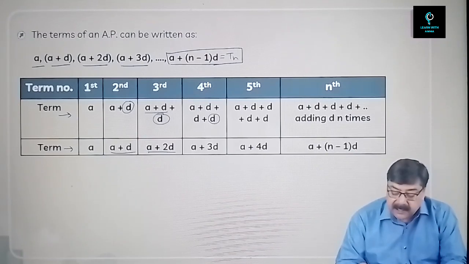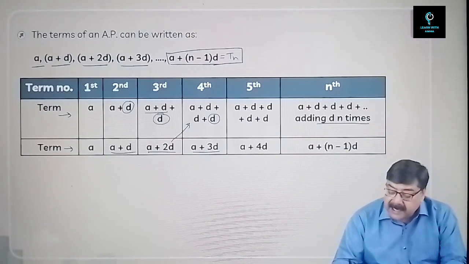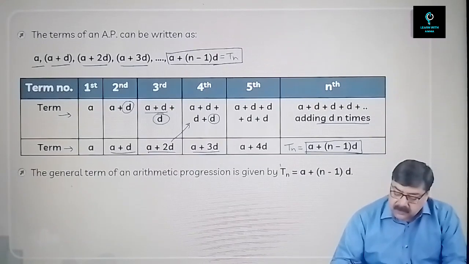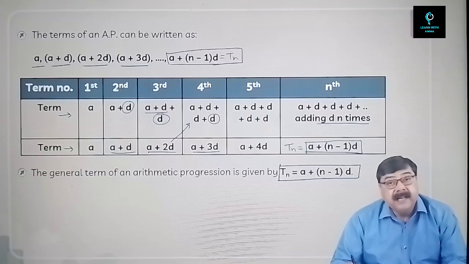Adding another D, it becomes A plus 3D, and so on. So adding D n minus 1 times would give us A plus (n minus 1)D. Once again, please remember, this represents the nth term in an arithmetic progression. So the general term of an arithmetic progression is given by Tn equals A plus (n minus 1)D.